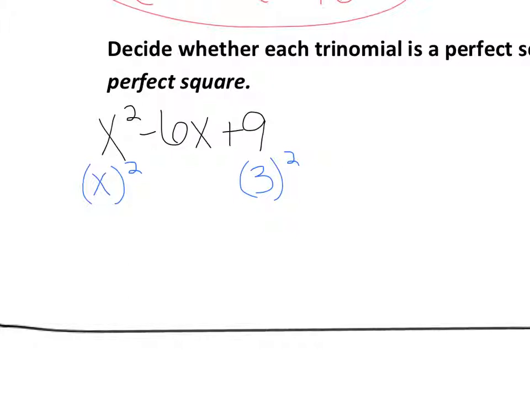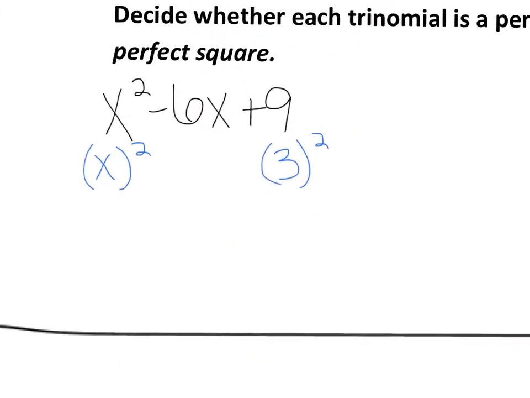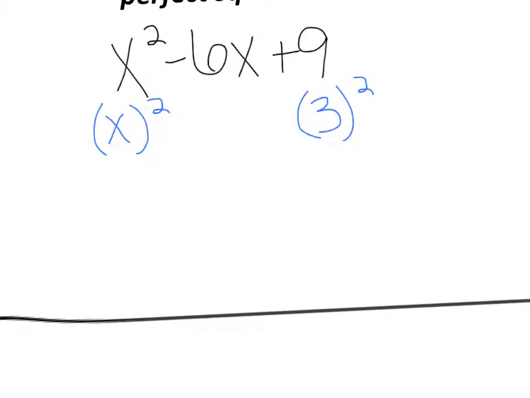Okay, so that's the first thing, but that's not good enough to say that this is a perfect square trinomial, because if we go back to the factoring pattern, notice that I have to have a square in the front and a square in the back, but my middle term also has to be equal to 2 times a times b. And the easy way to check that: my a is x, my b is 3.